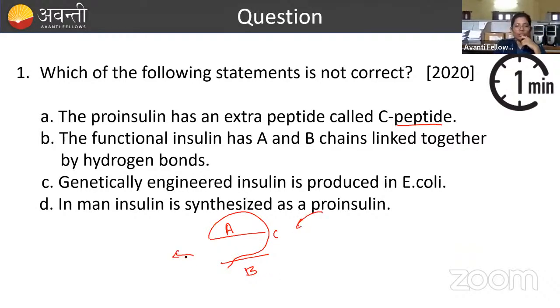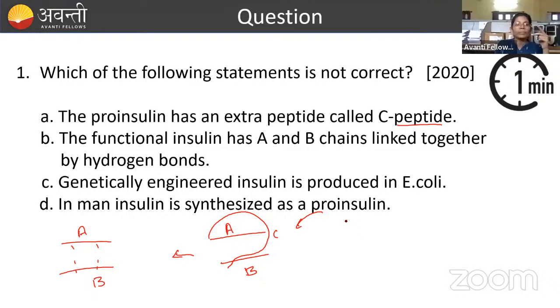Later, this proinsulin will be converted into an A chain and B chain with disulfide bonds, right? So this is going to be called insulin now. So the C peptide chain is present in the proinsulin, and in man, insulin is synthesized as a proinsulin. These two are correct. A and D statements are correct.